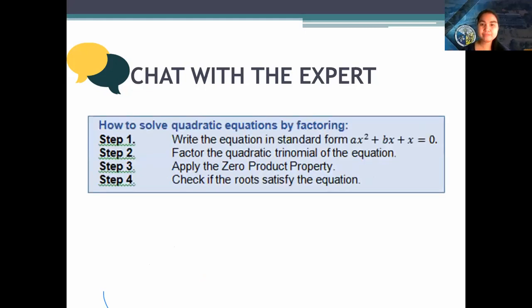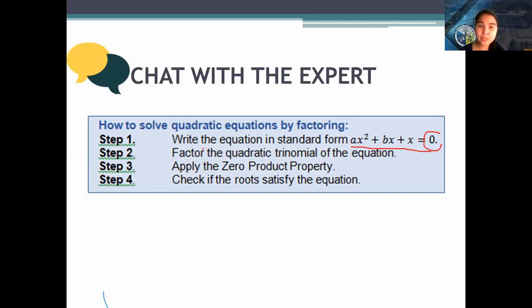Ready? How to solve quadratic equations by factoring. Step 1: write it in standard form. Transfer all the terms to one side and equate it to 0.